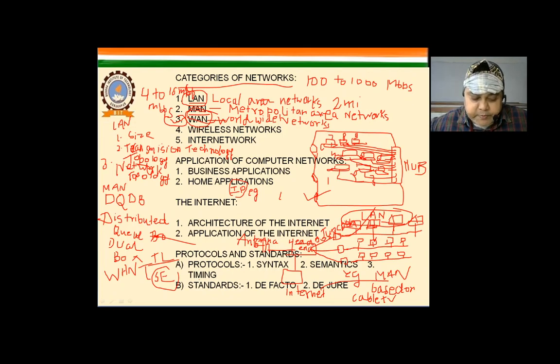This is a specialized computer that connects three or more transmission lines. When data arrives on an incoming line, the switching element must choose an outgoing line on which to forward it. This switching computer is also known as a router.